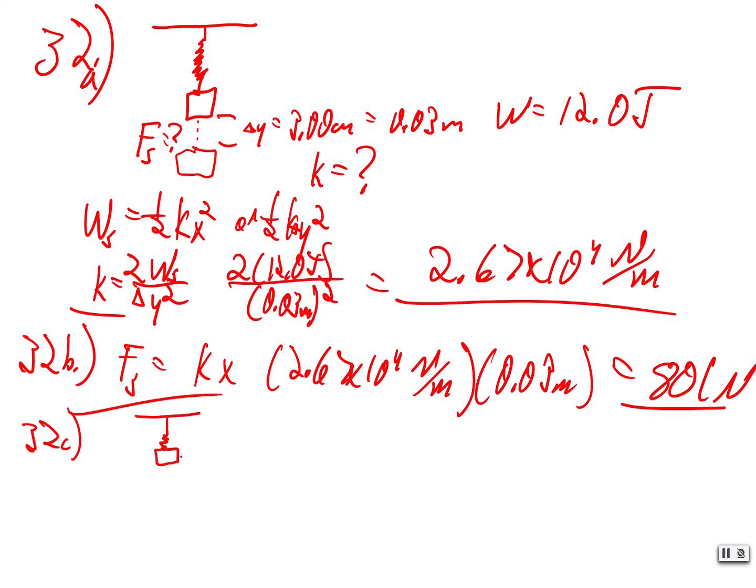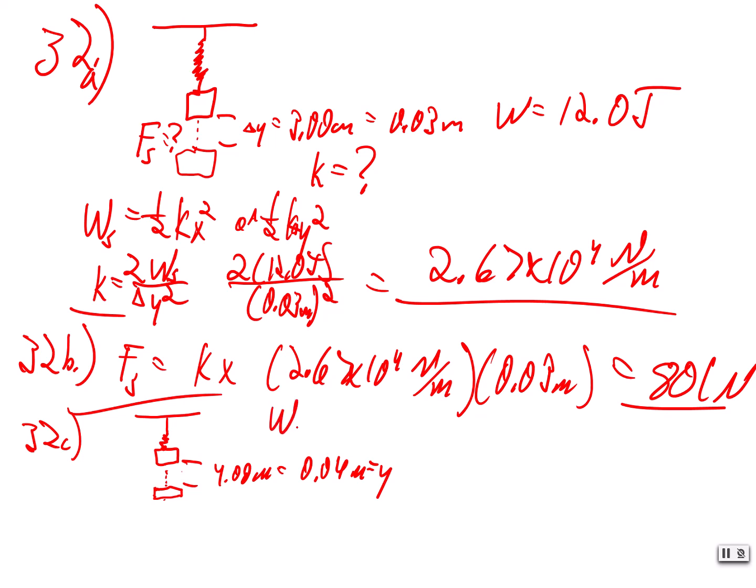So it's here now, and it was... I should have made all that dots. Now this distance is 4 centimeters, or 0.04 meters. So that's y. It asks how much work.